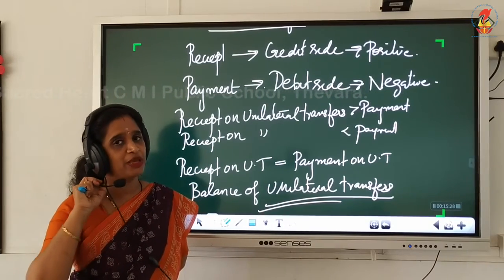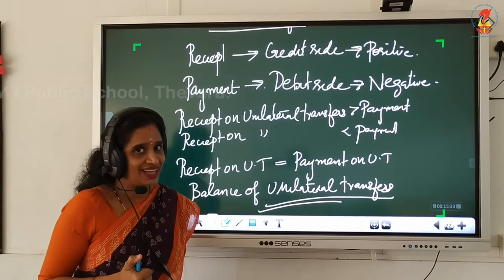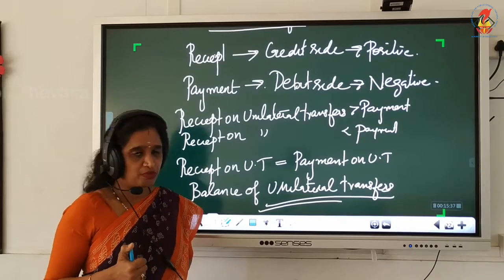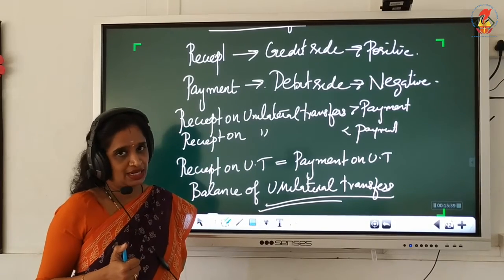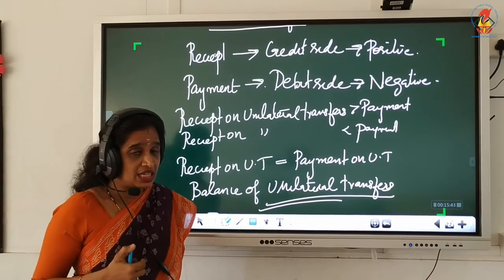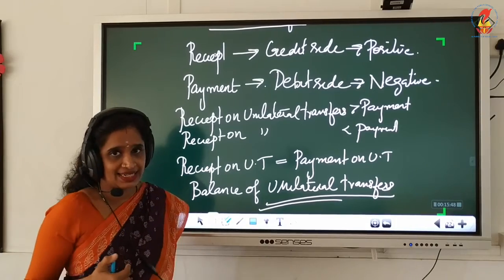So, in the balance of payment accounting, we will be balancing, equalizing both the credit side as well as the debit side as per the rule of double entry book system. Both credit side and the debit side has to be balanced. So, if it is balancing, receipt on the unilateral transfer is equal to payment on the unilateral transfer.